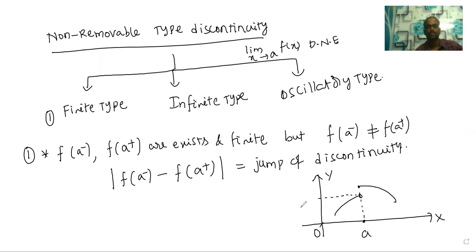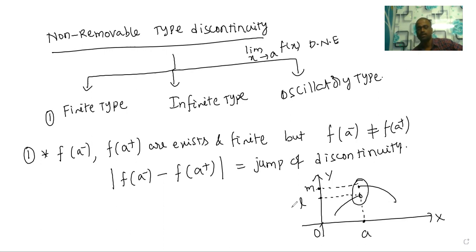Here clearly from the graph, what is the left hand limit? L. And what is the right hand limit? M. And here L is not equal to M. Clearly L is not equal to M.